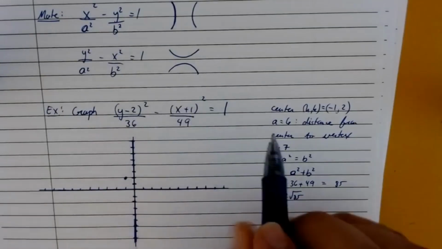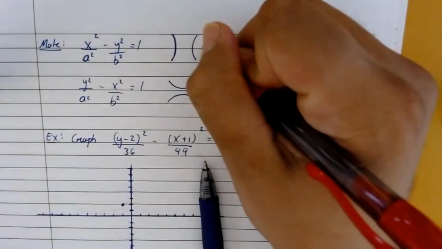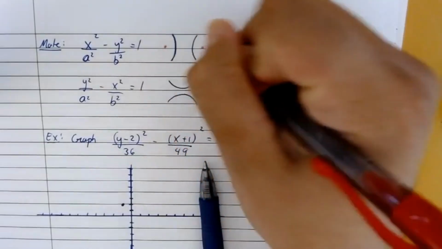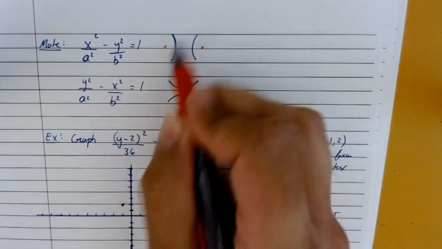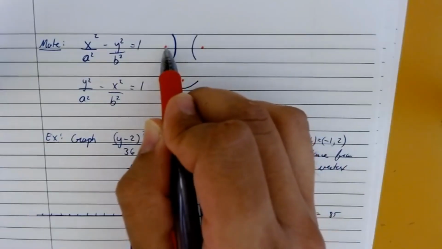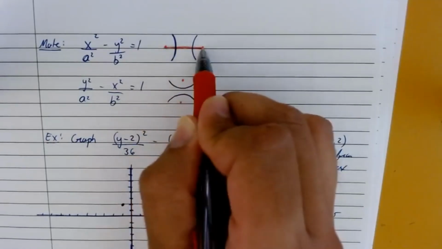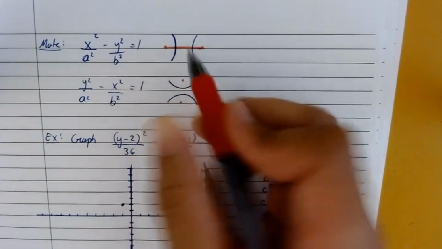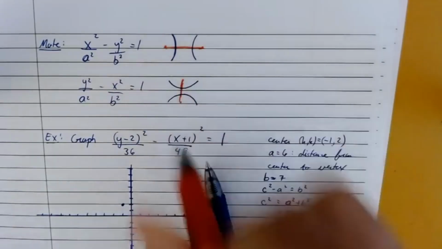So that means that I know that my focus will always be in line with the vertices of my hyperbola. If they open this way, then the hyperbola has a transverse axis that is horizontal, but if they open this way, it has a transverse axis that's vertical. And that's what we have here.